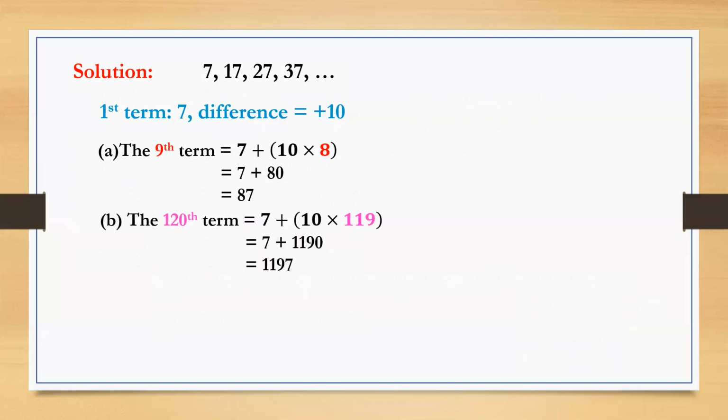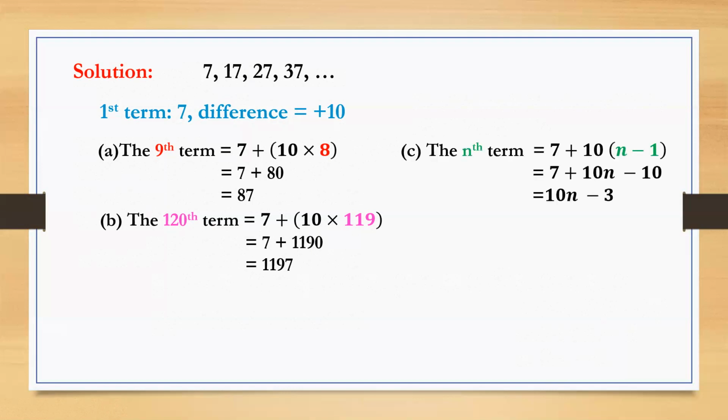Part B, I need to find the 120th term. So it will be 7 plus 10 times 119, and simplifying, I get 1197. Part C, I need to find an expression for the nth term.